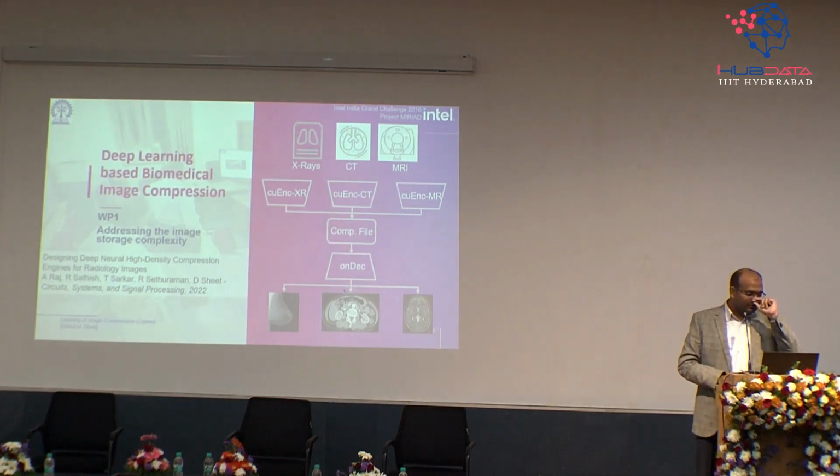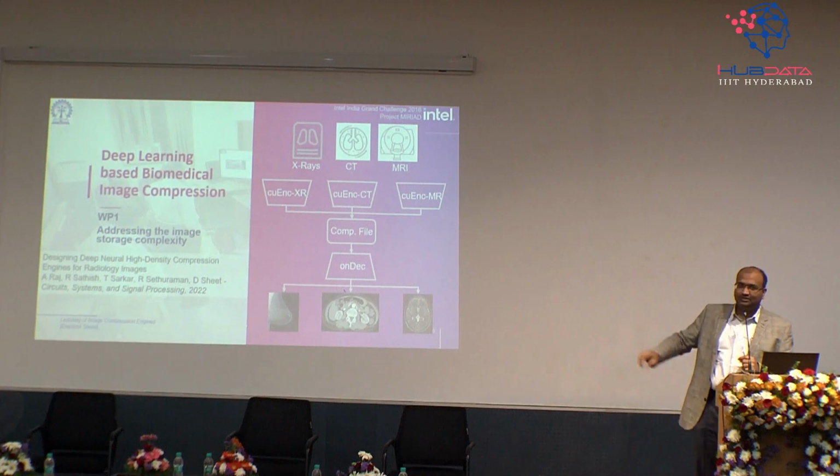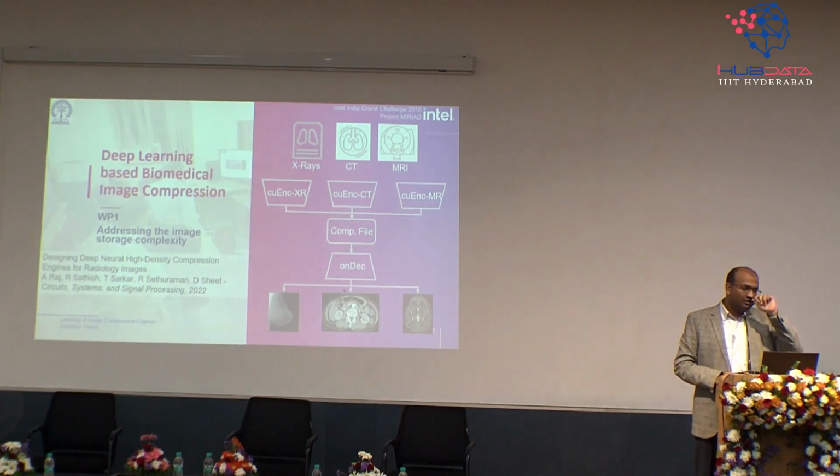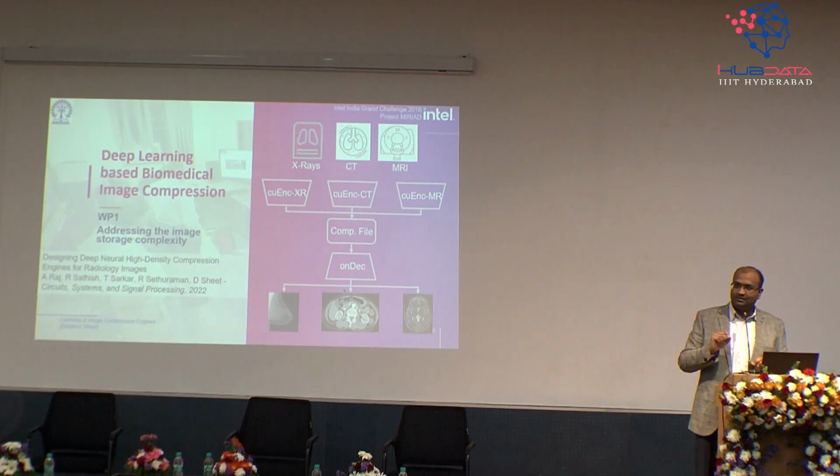Now, for most medical images, why this was chosen in this way, that you have a custom encoder for all of your different modalities, and you have a very generic decoder which will just work across all of them. The reason was pretty straightforward. The compression will happen at the machine itself. So an X-ray machine is going to compress only X-ray images, and the compression is needed right over there. It's not needed at your desktop.